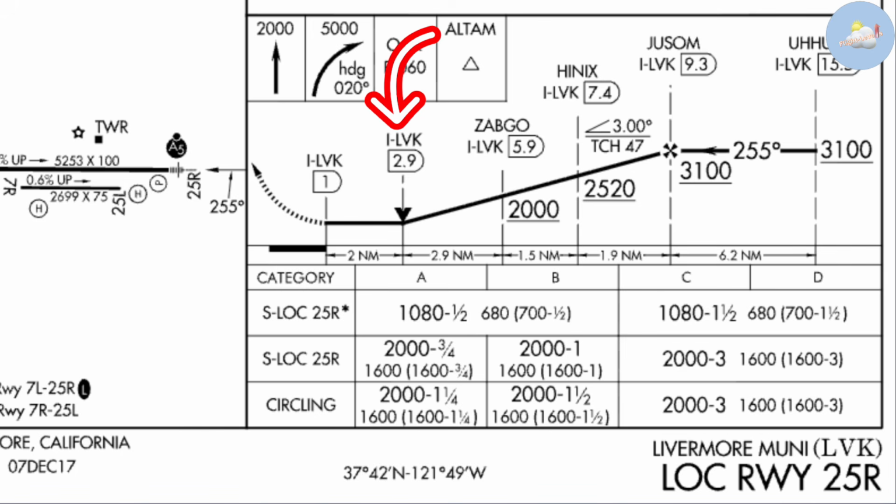At some point, we fulfill the holy trinity of 91.175, get the runway environment in sight, and the other two things. And then we get to 2.9 DME from the localizer antenna, which is where the VDP is. At this point, we can descend at that 3-degree angle. That's pretty standard, and technically, you wouldn't hit anything.